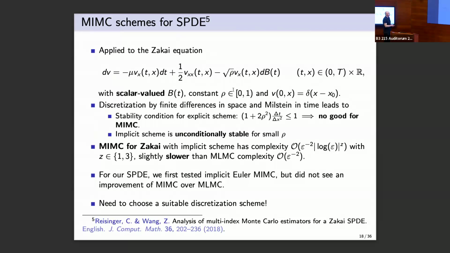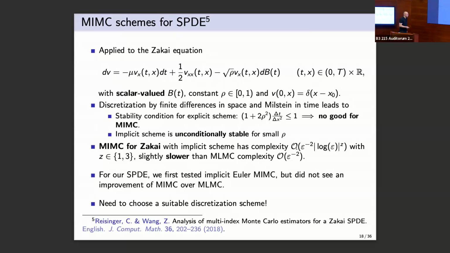Now, it turned out that for this particular equation, the multi-index Monte Carlo method actually didn't give any kind of performance gain over multi-level Monte Carlo. It's slightly surprising, but not so surprising when multi-level Monte Carlo already had the optimal complexity. But what is surprising is, of course, that multi-index Monte Carlo, at least theoretically, is not able to reproduce that kind of performance.